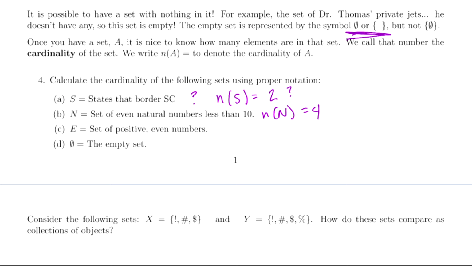The set of positive even numbers would be infinite. And the number of elements in the empty set would be 0. But think about this: if F is the set containing the empty set, the number of elements in F would be 1.